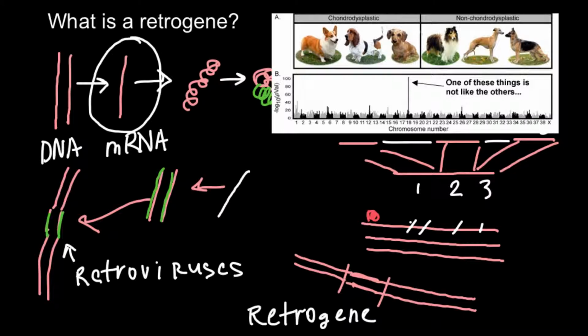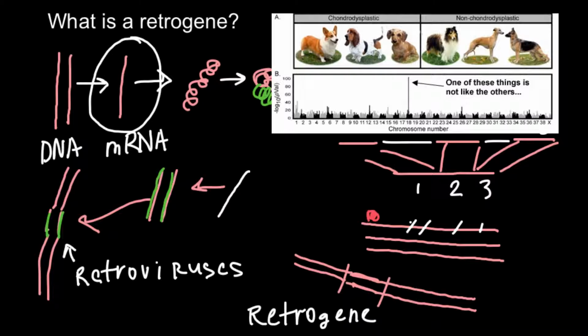And now the question is whether this is a recent event, this mutation in the form of a retrogene inserted in the genome, or if it was present in dogs for a long time. Actually, it has been present in dogs for a long time, because this form of dwarfism is very rare, but also may happen in wild animals.